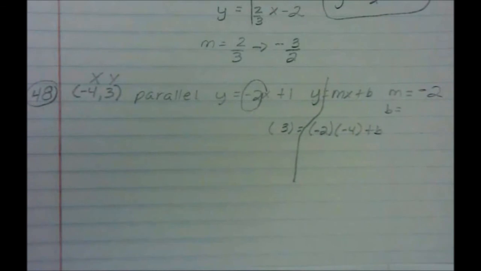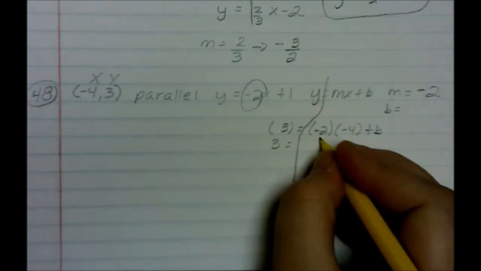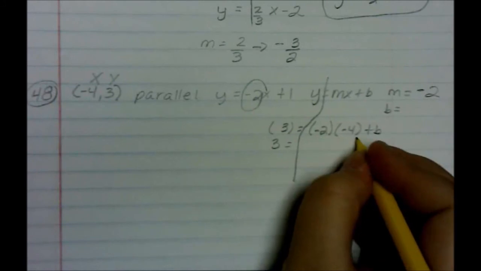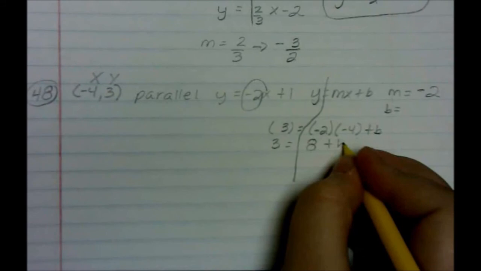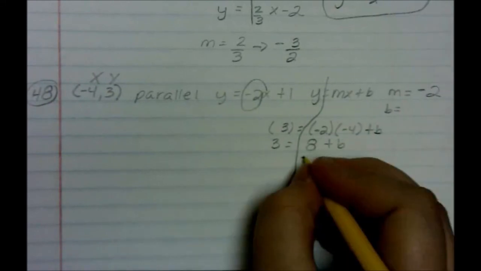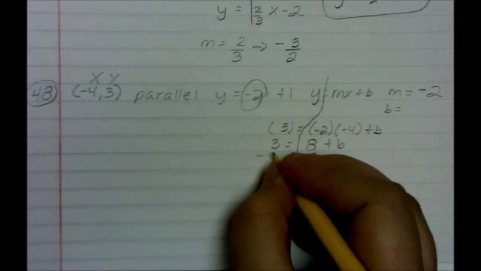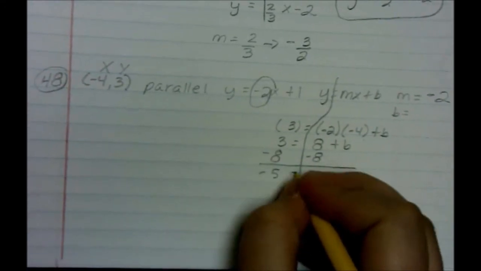So I'm going to bring down my 3, negative 2 times negative 4 is positive 8. Bring down your b. Then we subtract 8 from each side to get negative 5 equals b.